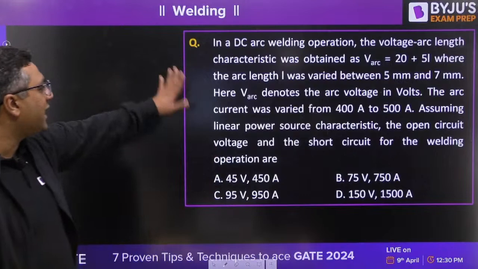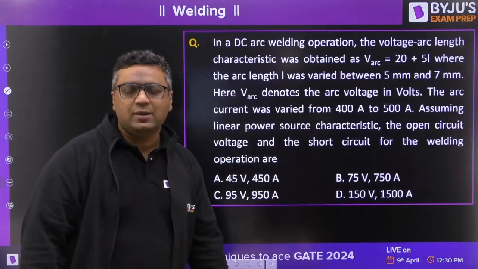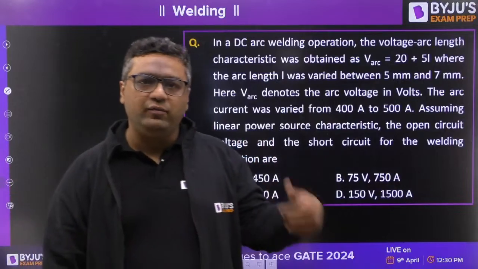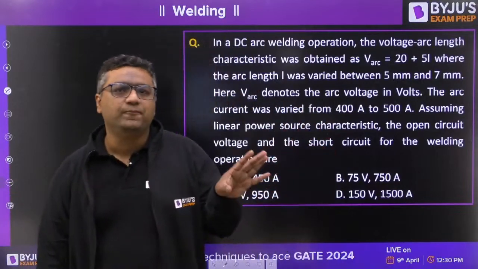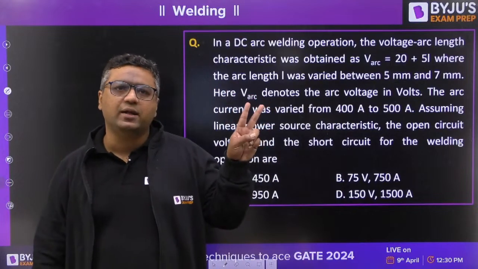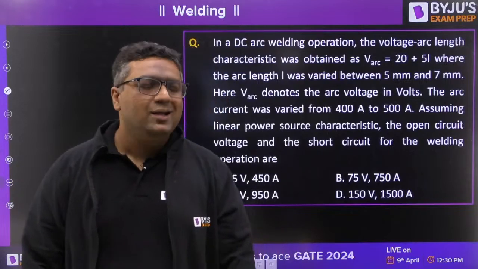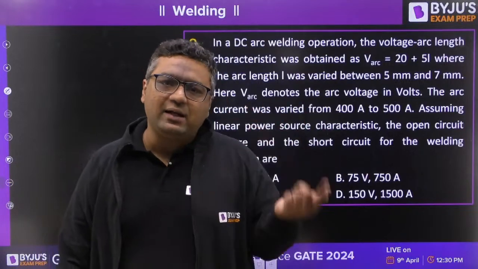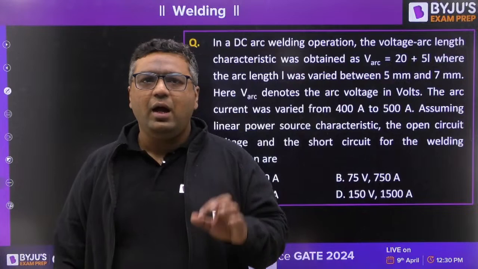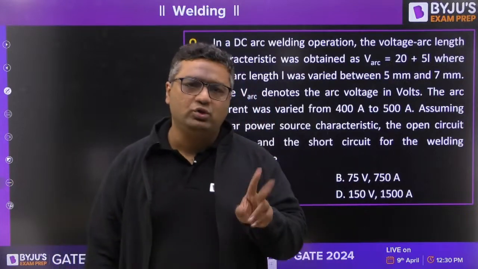So in a DC arc welding operation, the voltage arc length characteristic, this time we are going the opposite way. In the previous question, we knew the open circuit voltage and short circuit current, and we needed to find the voltage arc length characteristic. In this question, the voltage arc length characteristic is given, and we need to find the open circuit voltage and short circuit current.